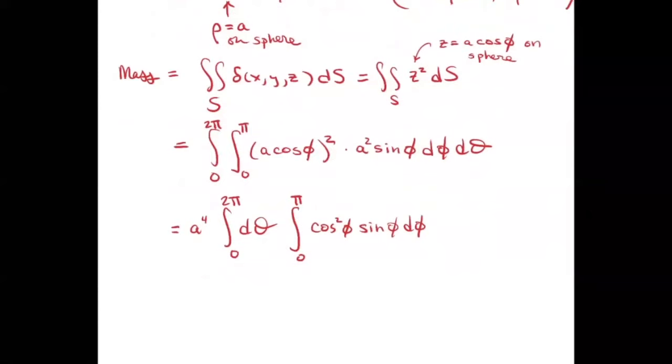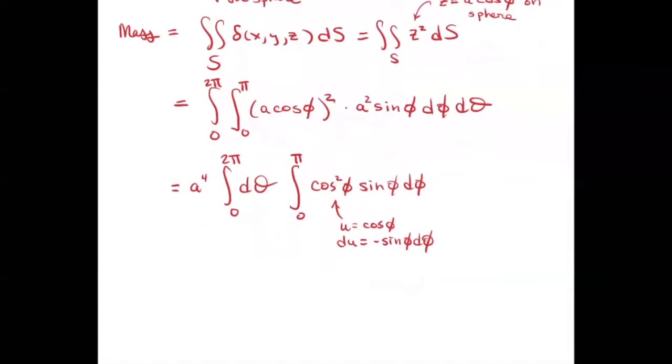And then, of course, u will be cos phi. Okay, and so du will be negative sine phi d phi. And we can expect our limits to flip when we do that, but let's keep going.